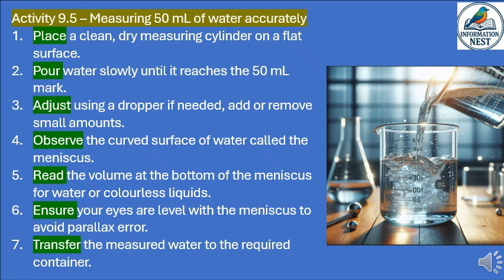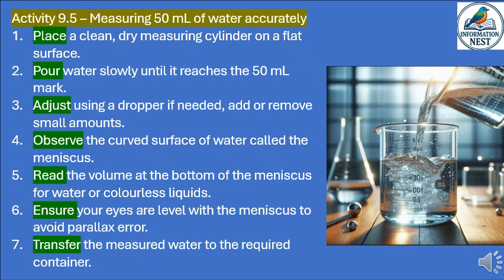Step 4. Need to fine tune. Use a dropper to add or remove tiny amounts. It's like editing a masterpiece. Every drop counts. Step 5. Now observe the meniscus, the curved surface of water. For water or colorless liquids, always read the volume at the bottom of the meniscus. The meniscus, as I told you, is a mini smile.